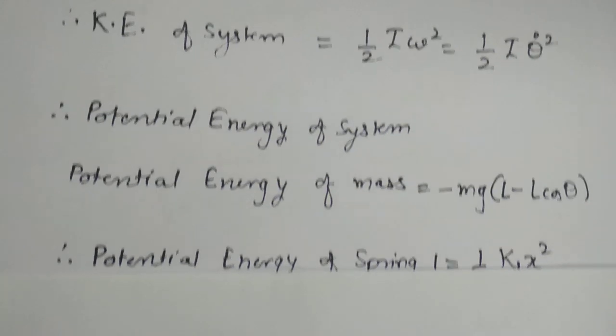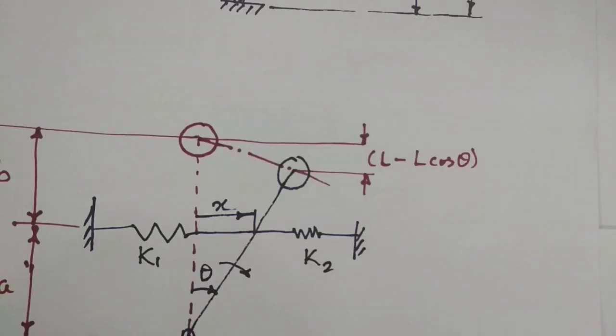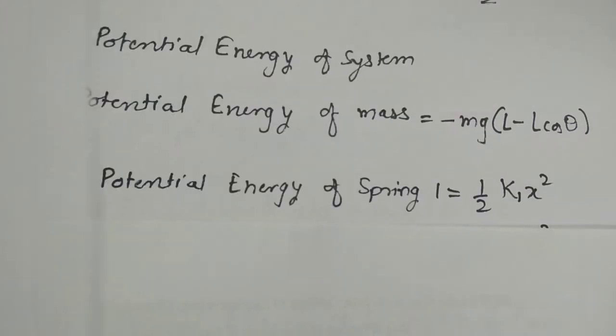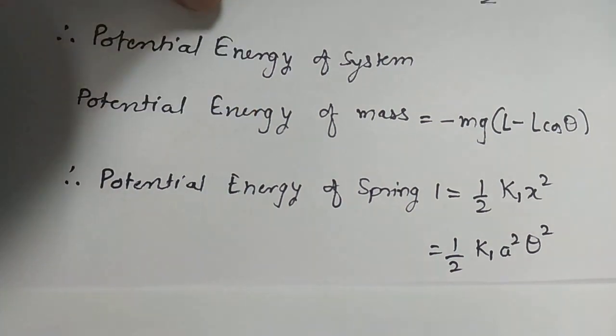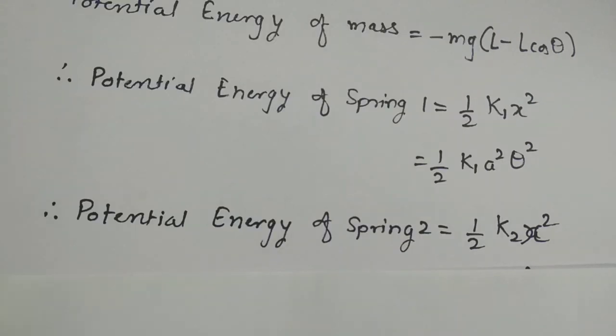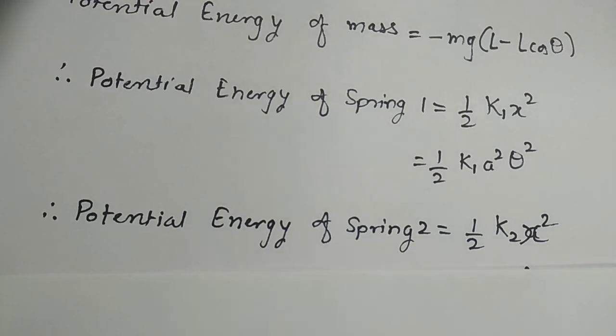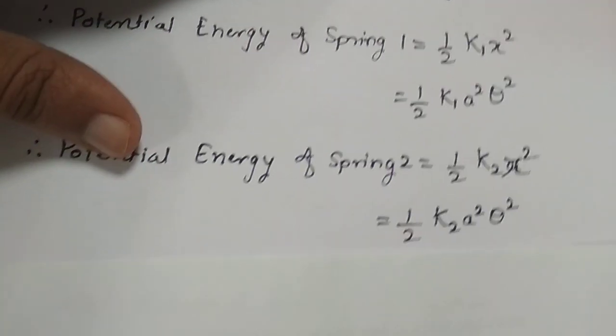Then the potential energy of spring 1 is half K1 x square, and x is replaced by a theta, so half K1 a square theta square. Again, the potential energy of spring 2 will be half K2 x square, and x square is a square theta square.